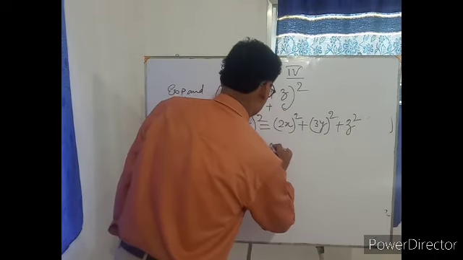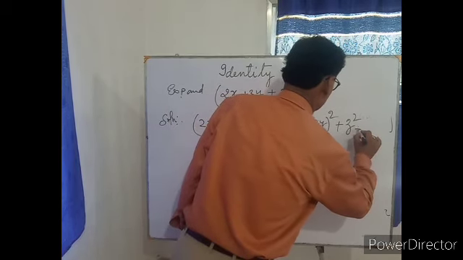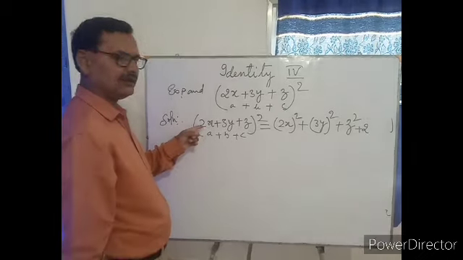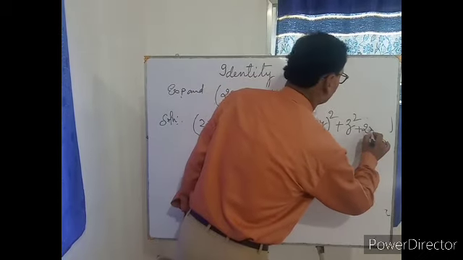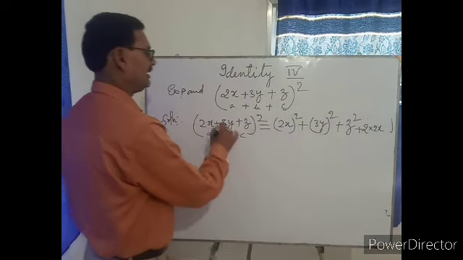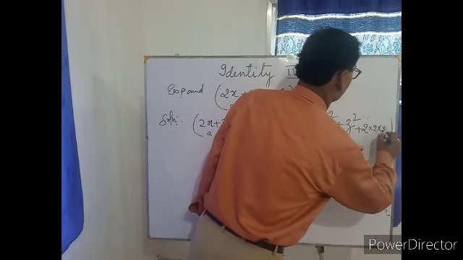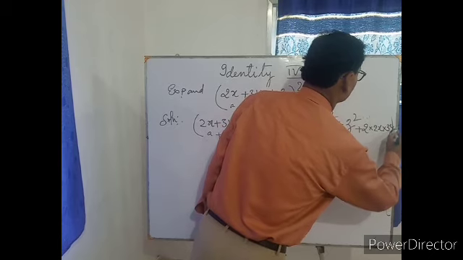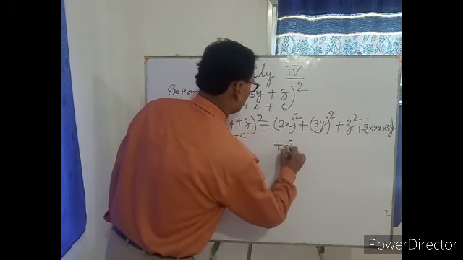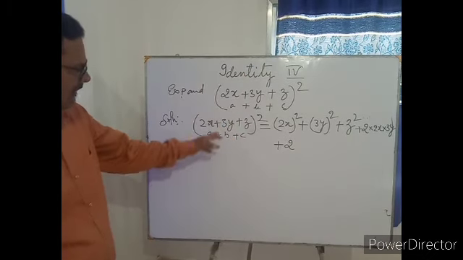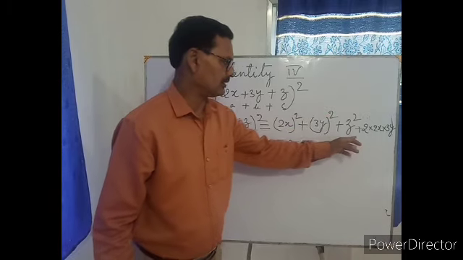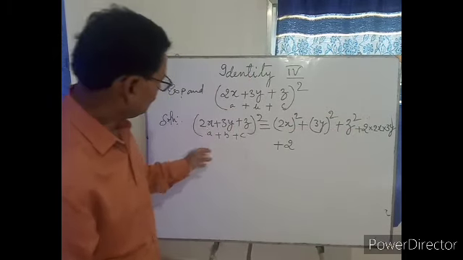After that, you will see 2ab. 2, what is a? a is here 2x. And what is b? b is here 3y. Then 2ab plus 2bc.